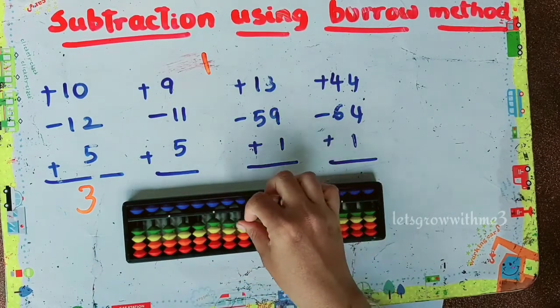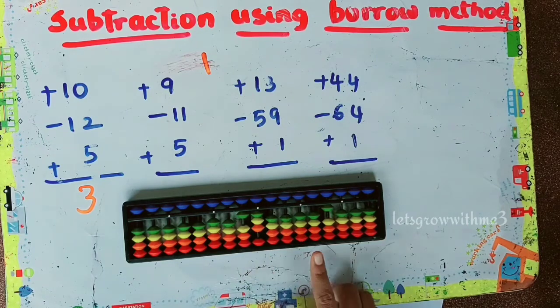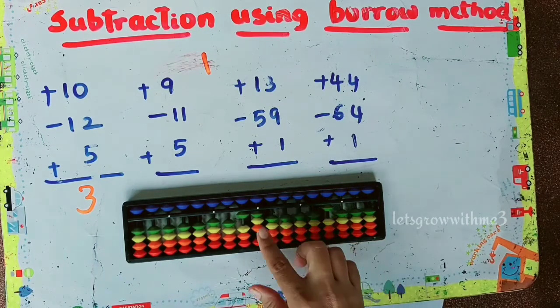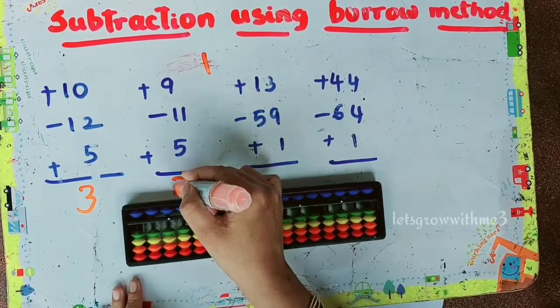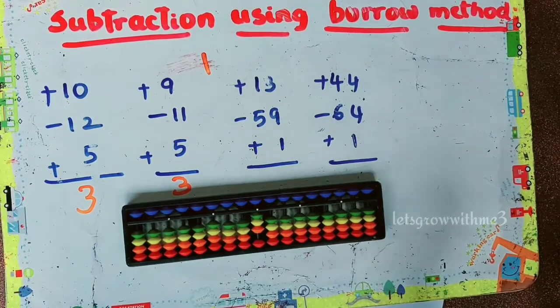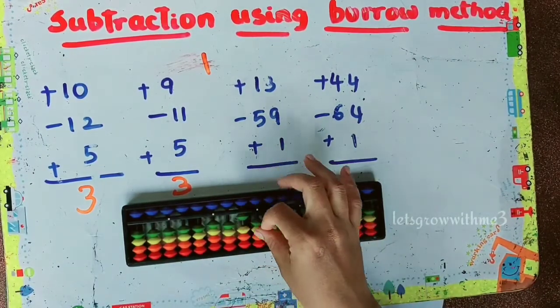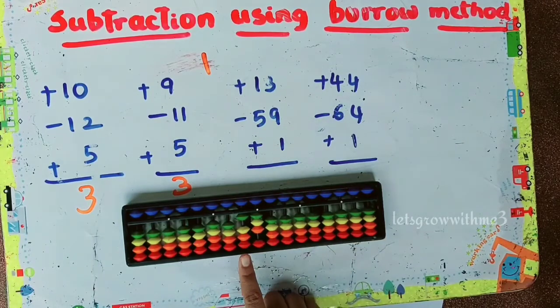Then we need to do plus 5. So plus 10 minus 5, which is equal to 13. But it's not our actual answer. We need to give back our borrow bit, which is 10. Just remove it. Then we got our answer 3. Even though we have taken the borrow bits, we didn't get our answer as a negative number. It's a positive number because at the end of the day we are able to return the borrow bit.